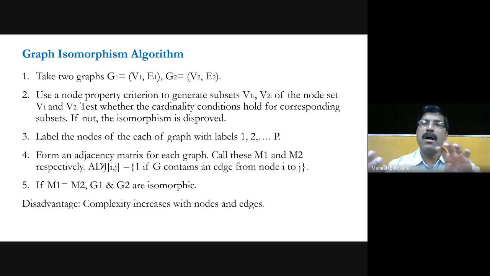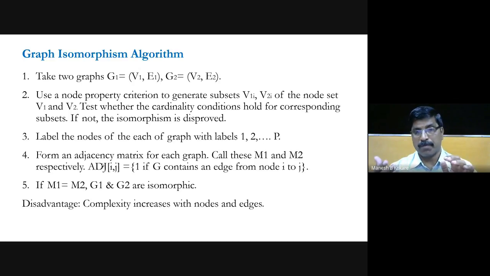Cardinality condition means the number of vertices of graph 1 and graph 2 must be the same. The second condition is that the number of edges in graph 1 and graph 2 must be the same. If this holds, then the cardinality condition holds, and there is a possibility that these two graphs are isomorphic. But we have not concluded that they are isomorphic.